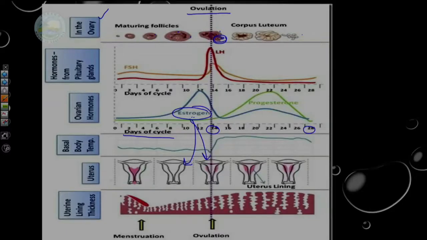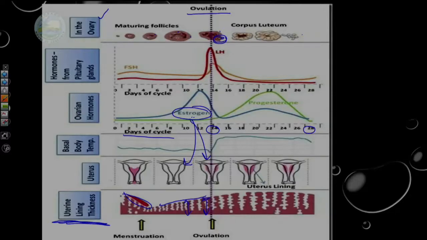So here we have the lining thickness. It is being shed here, so the lining thickness is smaller, but as more and more estrogen is produced, you realize that the lining gets thicker and thicker, progressing past day 14.